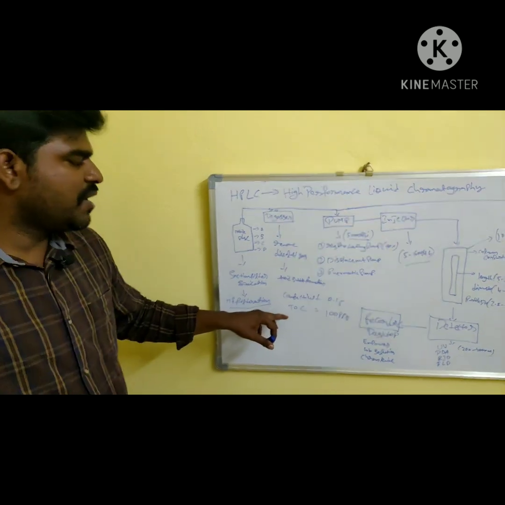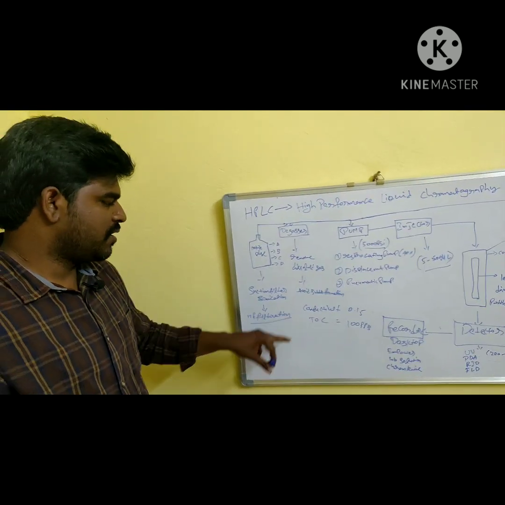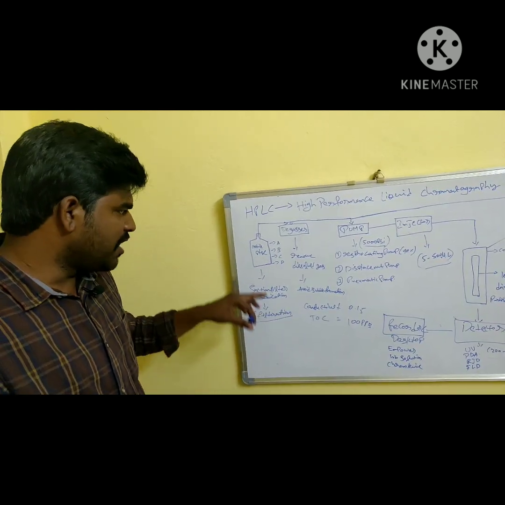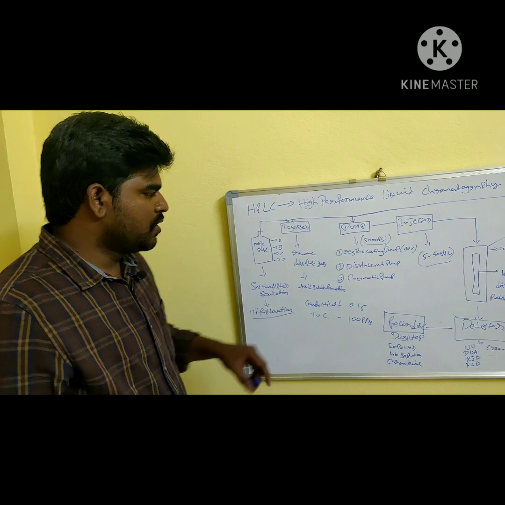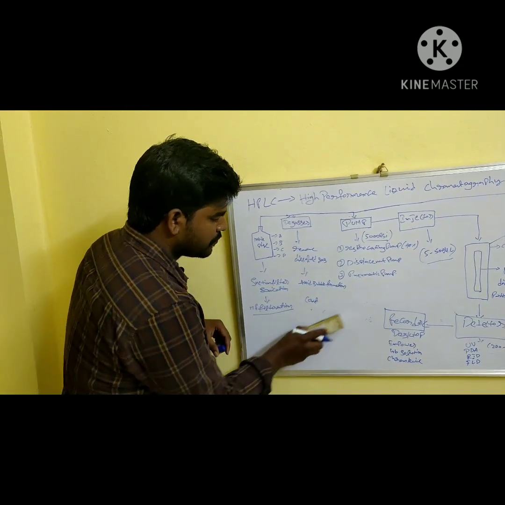That's why we use milli-Q water. If you do not use milli-Q water, any carbon particles and organic matter present will elute in your chromatogram. To avoid that, we use milli-Q water.